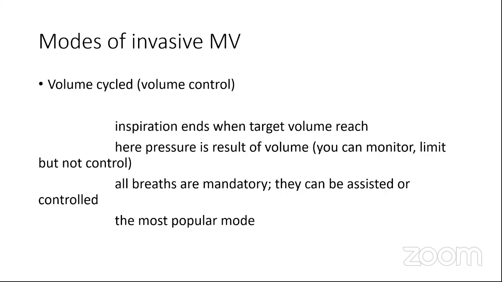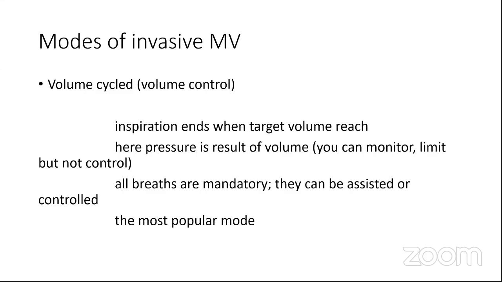First, the word cycled describes how the inspiration ends, how the ventilator ends inspiration and starts expiration. So when we call volume control, we call it volume cycled. We mean that the ventilator would end the inspiratory phase and start expiration when it reaches the target volume.